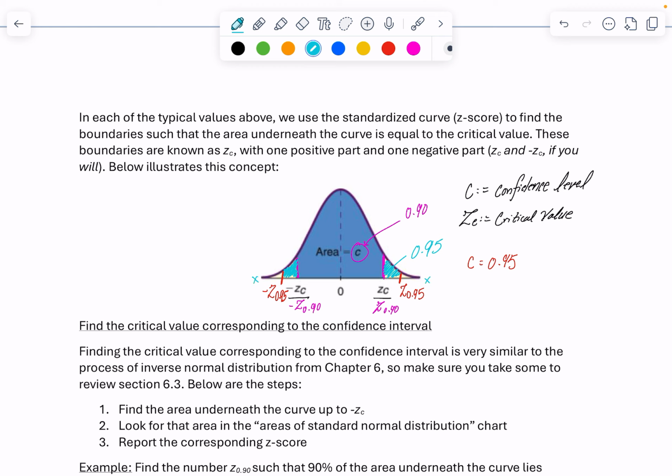It goes on forever and ever on both sides for those tails. So we're never going to be able to define a critical value boundary where we include 100% of the probability. They go on to positive infinity and negative infinity. That's why we have to settle with these confidence levels of 90%, 95%, and even 99%.